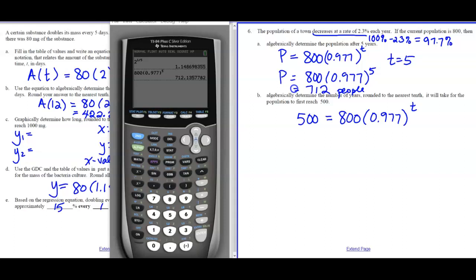Okay? So remember, you want to isolate the term that has the variable in it, and then get the factor that has the variable in it. So divide by 800. Obviously, you can take the log of both sides, but then you'd have to use the product law and create more work for yourself.